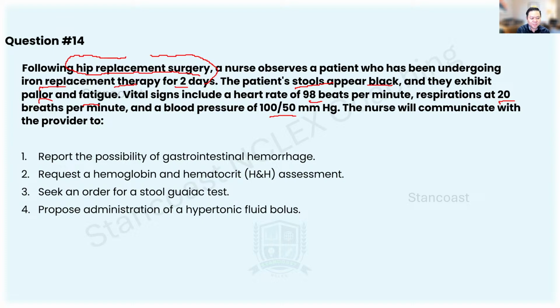The nurse will communicate with the provider to, are you going to report the possibility of GI hemorrhage? Is the patient bleeding? So are you going to talk to the doctor about GI bleeding this time, or are you going to request a hemoglobin and hematocrit assessment? Or are you going to get an order for a stool guaiac test? Or are you going to propose administration of a hypertonic fluid bolus?